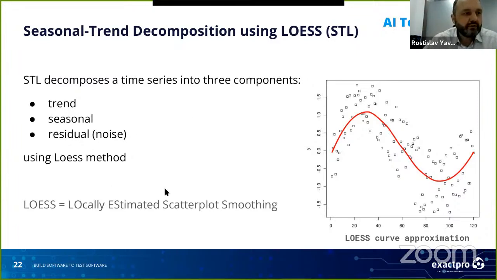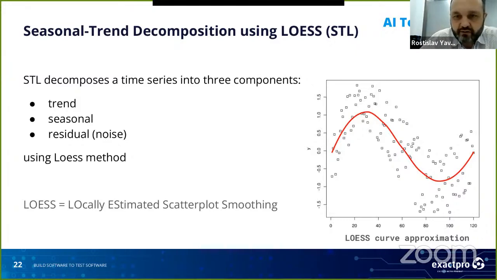This uses some advanced mathematical technique called LOESS, locally estimated scatterplot smoothing. For this technique you probably would not like to implement it yourself. I would suggest just taking a standard library off the shelf. There are a lot of different implementations on the web.